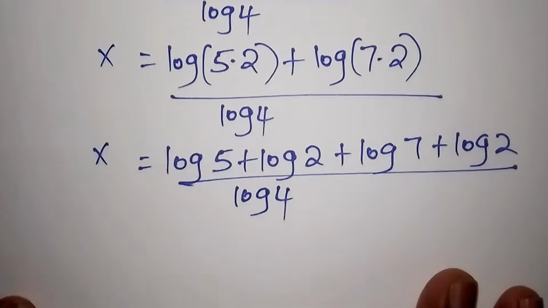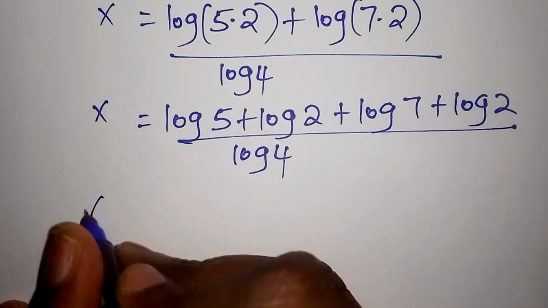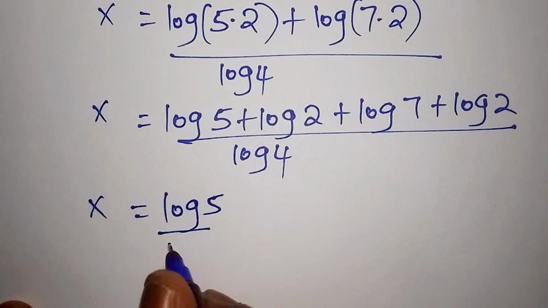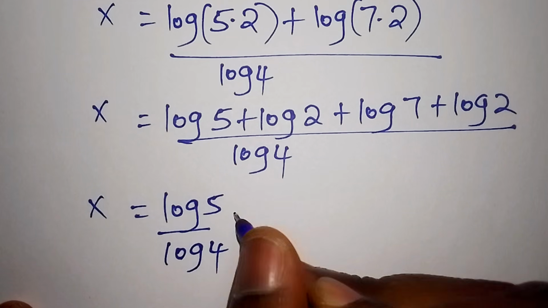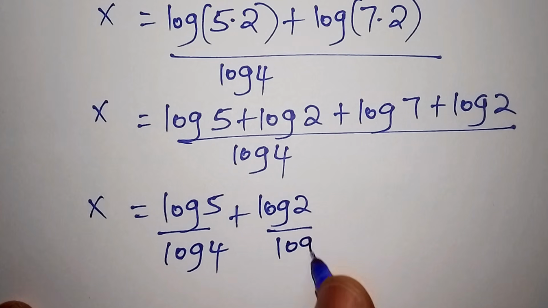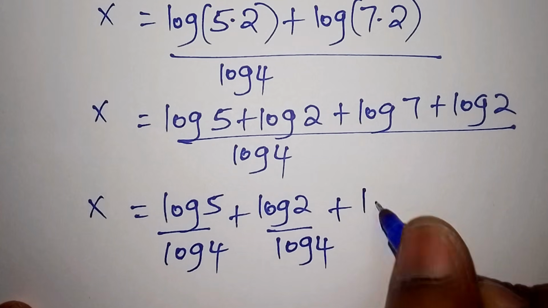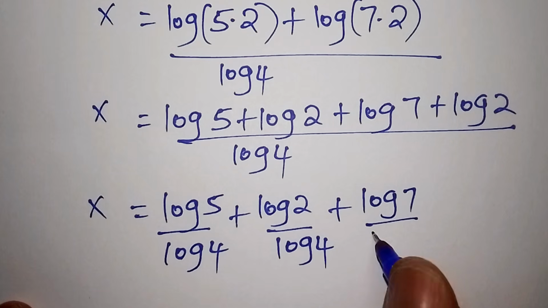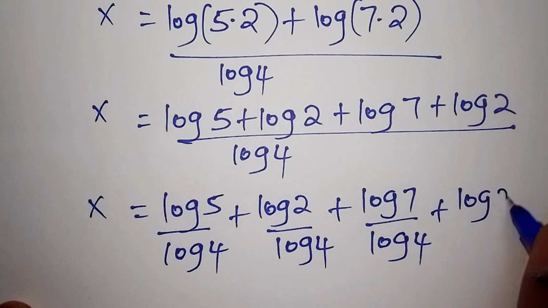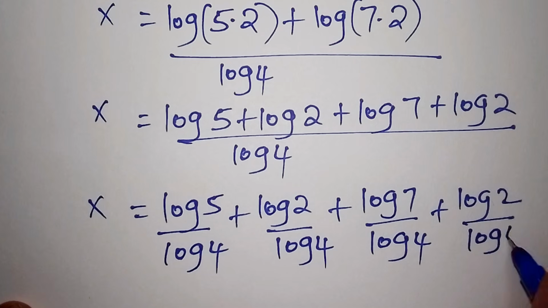Now we shall divide both sides by the log of 4, so that the value for x is equal to log 5 all over the log of 4, plus the log of 2 all over the log of 4, plus log 7 all over the log of 4, plus log 2 all over the log of 4.